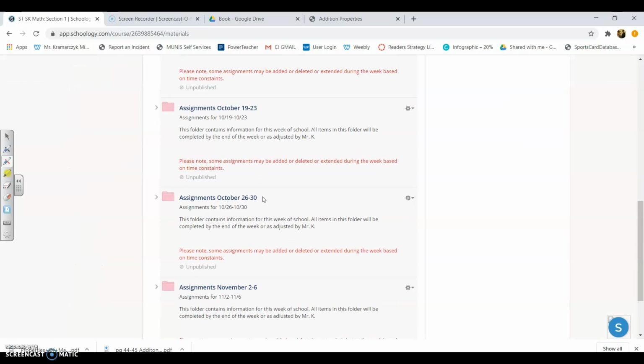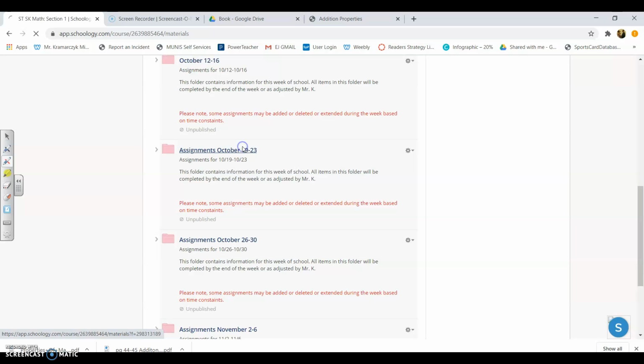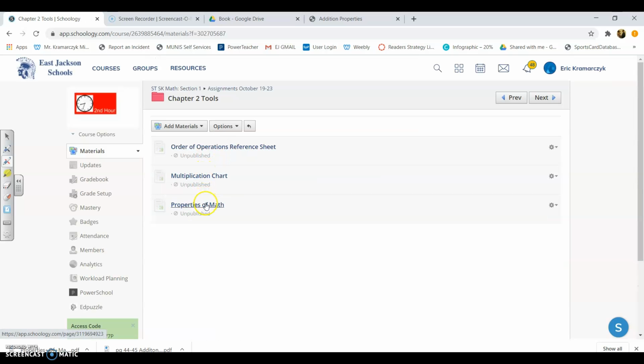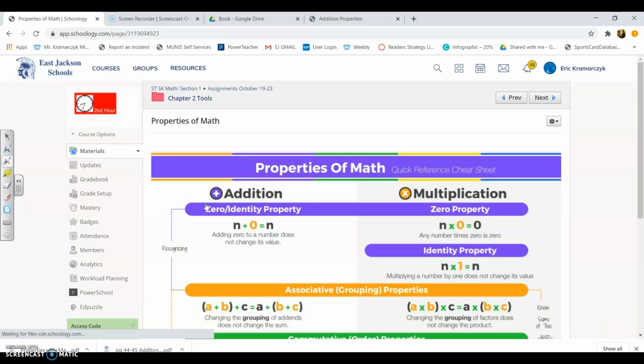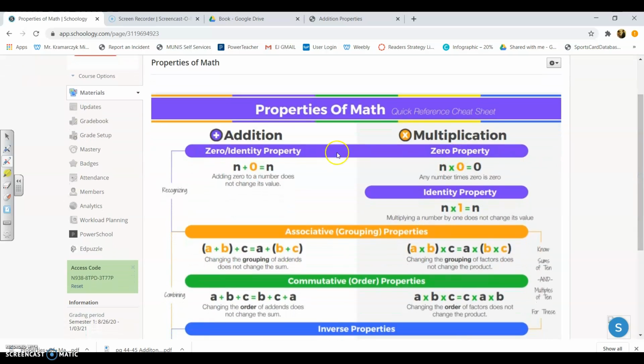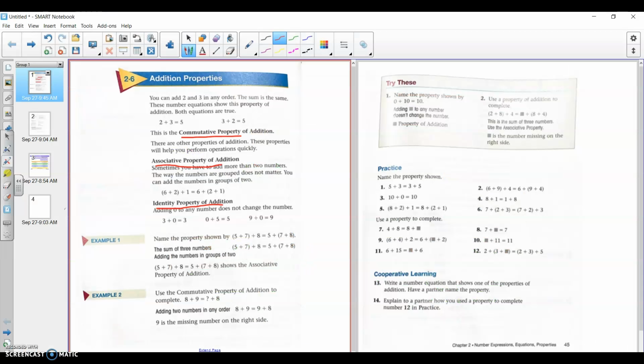Alright, where are you? I think it's this one. So they'll be in the Chapter 2 Tools folder, and it's this, Properties of Math. And I have a copy already in my slideshow that I'm going to do here in a second. But I know this looks confusing, but we'll break it down here in just a tad bit. So back to our show.